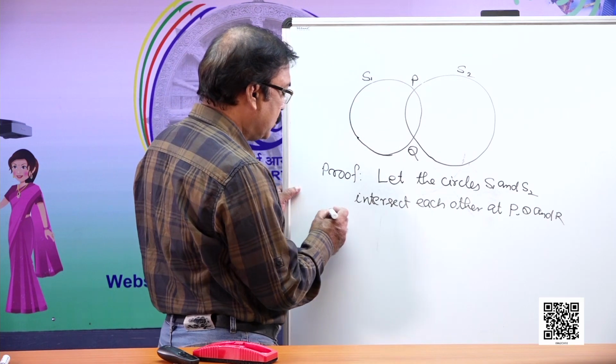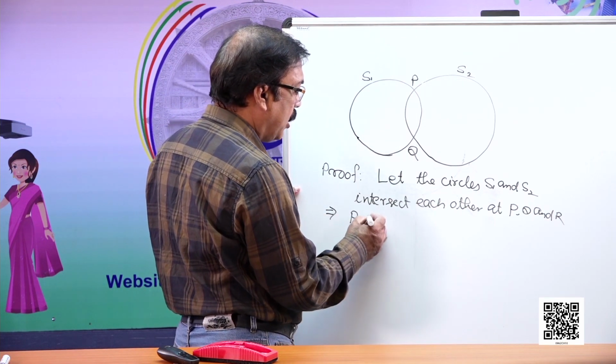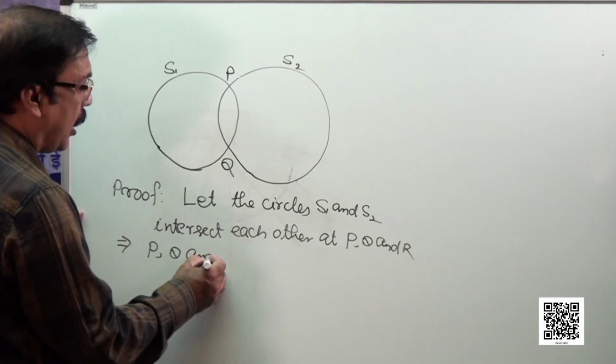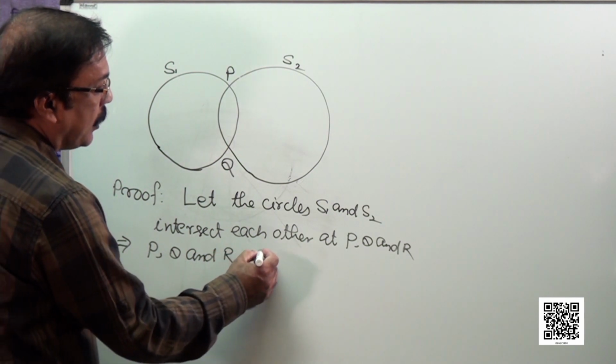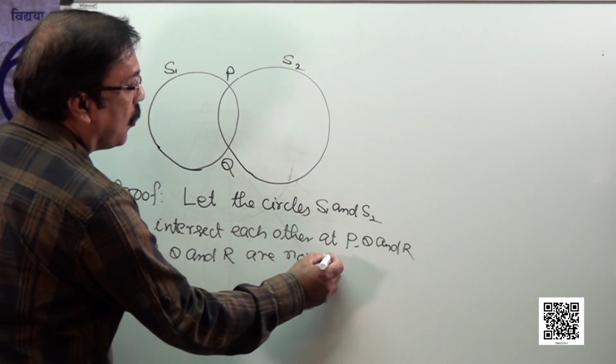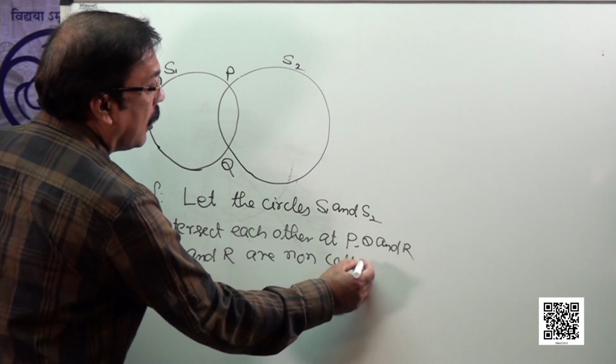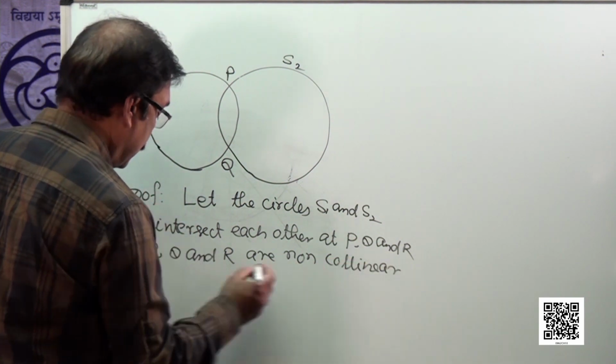So this shows that P, Q and R are non-collinear points.